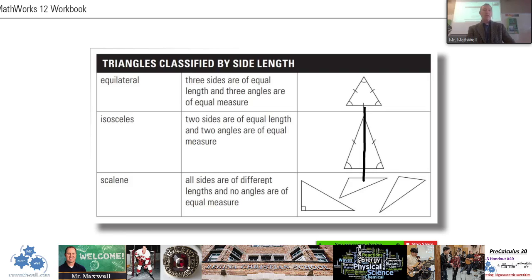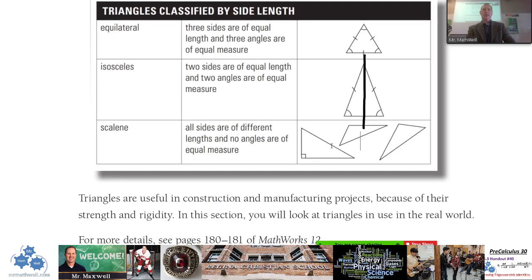Scalene. All sides are different lengths. And notice that a right triangle is categorized by its angle, but it can also be a right scalene triangle because all of the sides can be different lengths. So you can have an obtuse scalene, an acute scalene, or a right scalene. Scalene simply means that all of the side lengths are different.